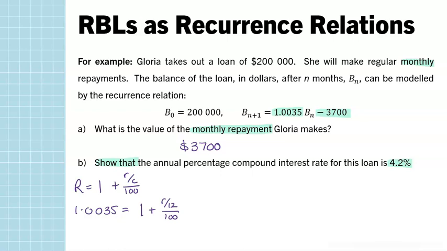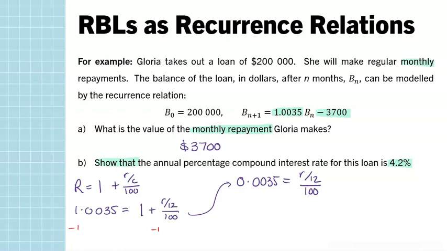And so from here, if I start to solve that equation, I'm going to start by subtracting 1 from both sides. That gives me 0.0035 equals R over 12 over 100.